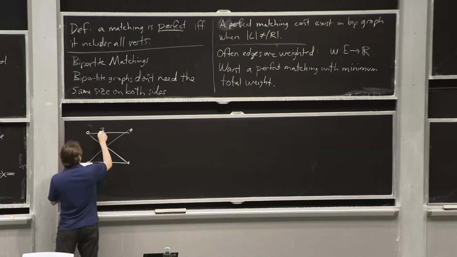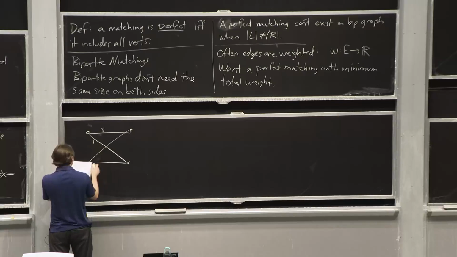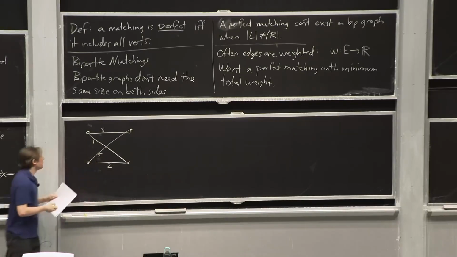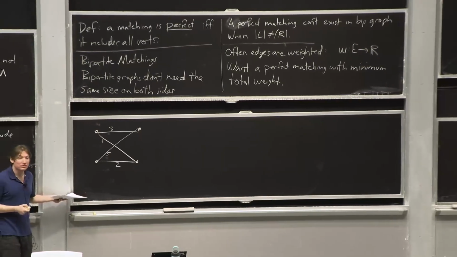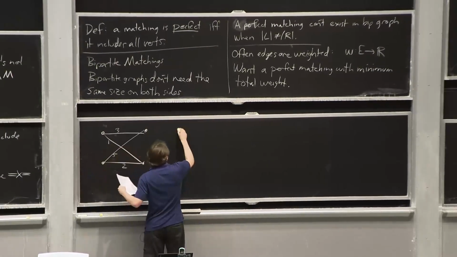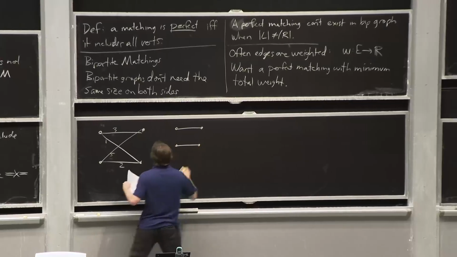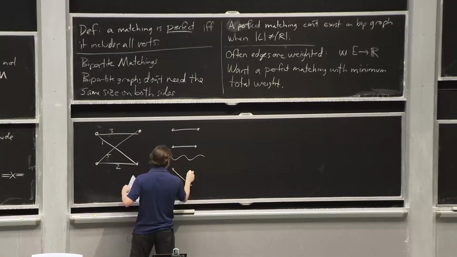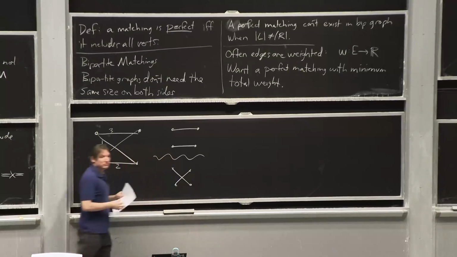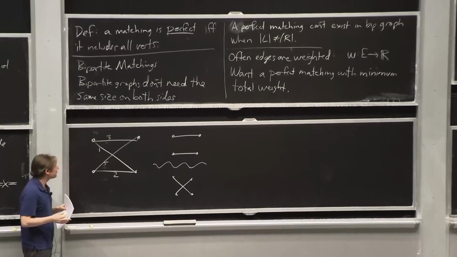And maybe this edge has weight 3, this has weight 1, this has weight 5, and this has weight 2. And I can see two different perfect matchings in this graph. There's the one that does this, and there's the one that does this. I think that's all of them.